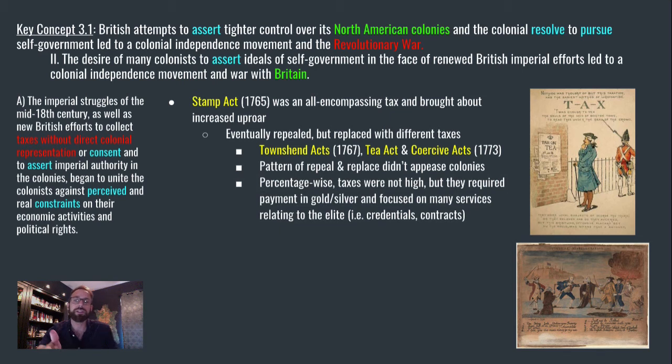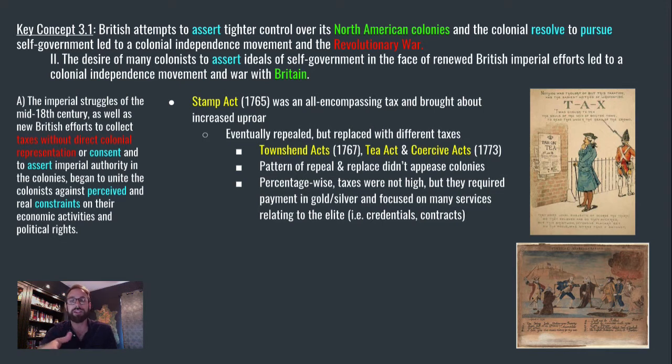Okay, so let's look at kind of the data on these taxes. So strictly speaking, they weren't actually that high. One thing they did require was that the taxes be paid in kind. So that means in gold or silver, something with more intrinsic value, because the British did not trust colonial paper money.